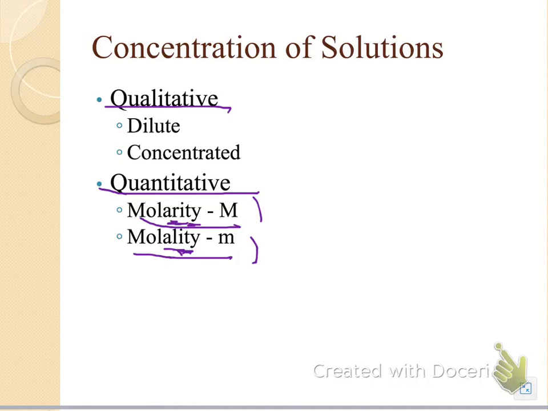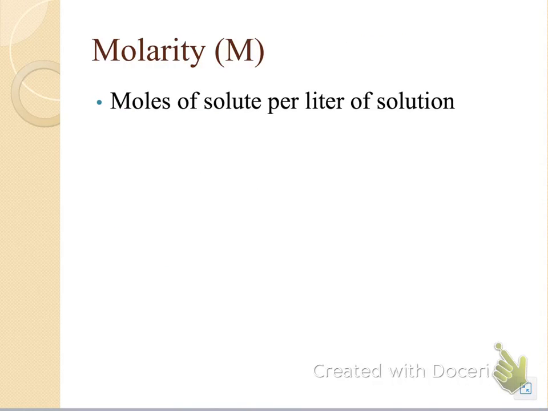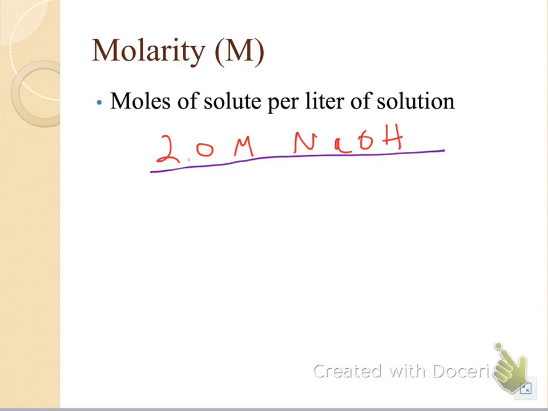So let's take a look at our problem. And we're going to focus on molarity in this podcast and molality in another podcast. So the term molarity, if you see a big M behind a number, it means the moles of solute per liters of solution. So if you see something labeled like this, 2 molar sodium hydroxide, and this is something you'd likely see at a lab bench, right?